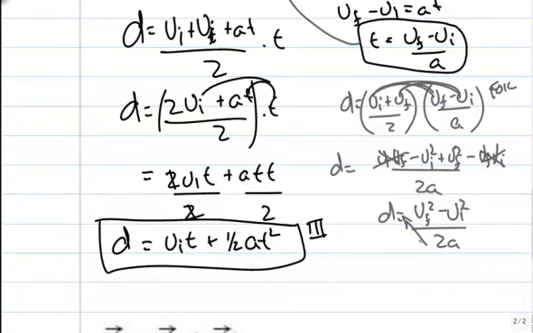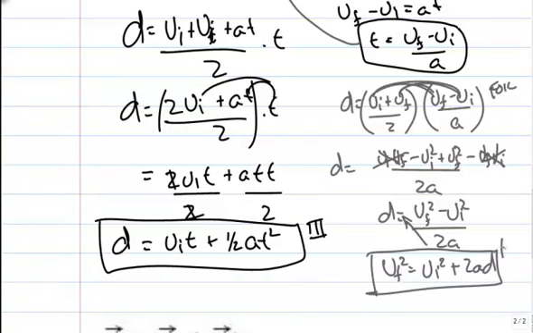And I'm going to take that up, a little cross multiplying. VF squared equals VI squared plus 2AD. Okay, and that is the fourth equation that we've got at the front of the room.